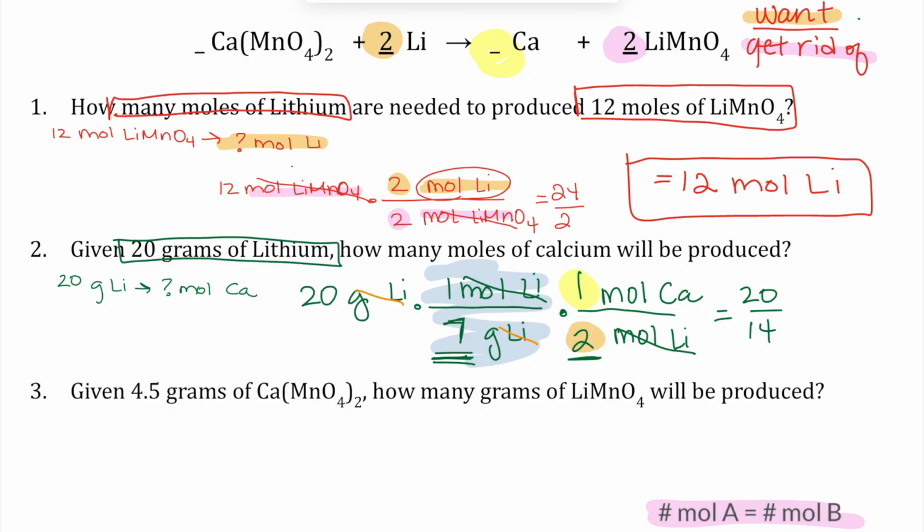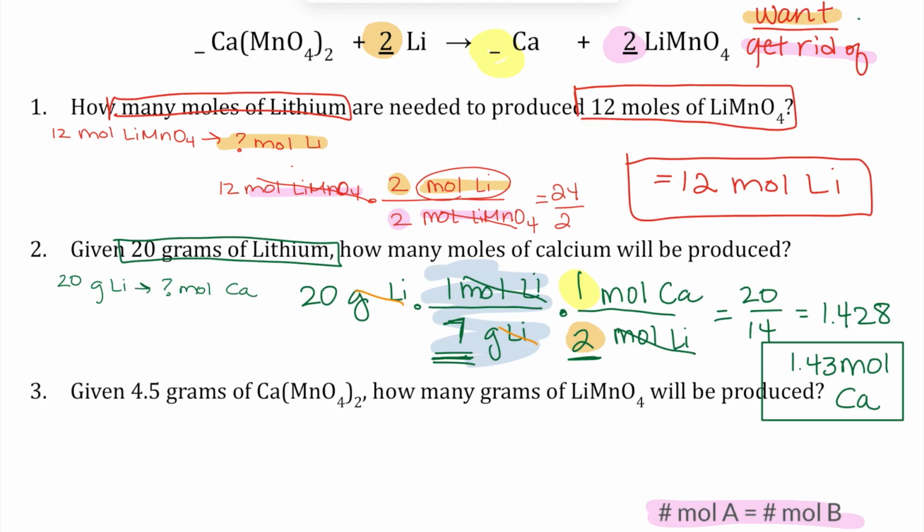And I get 1.428. Let's round to 2 decimal places, 1.43. Then we need our unit, moles, and we need to say what chemical we're talking about. Calcium. So we should have that full unit from the top of our most recent conversion factor.